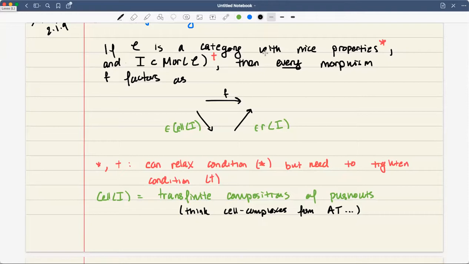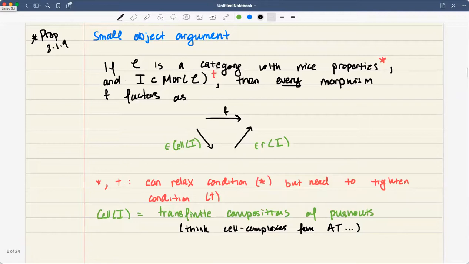Yeah, so if you want a more general category, then you have to relax. You can't just take any class of morphisms. It needs to satisfy certain conditions, which is the one that they write in the book. But this is the one that comes up in topology.